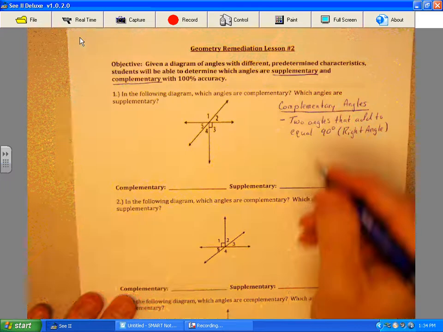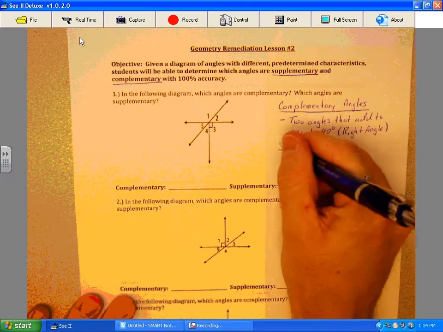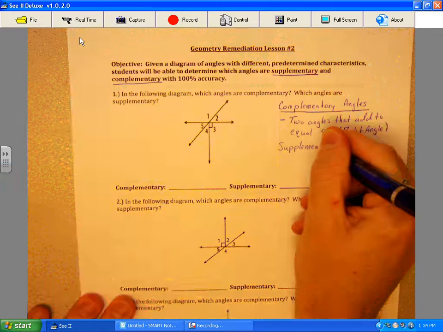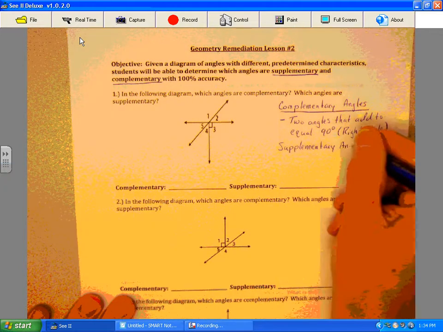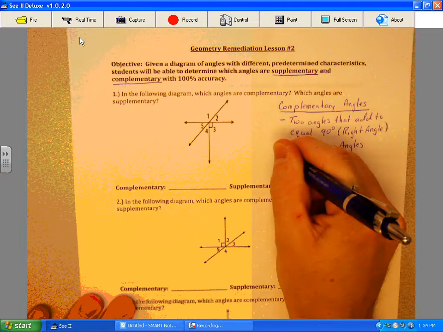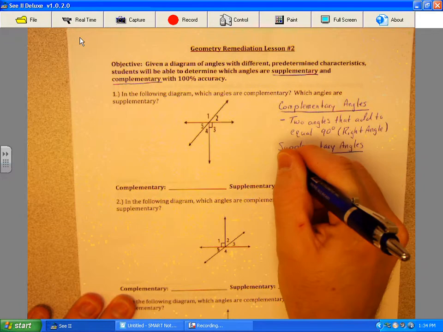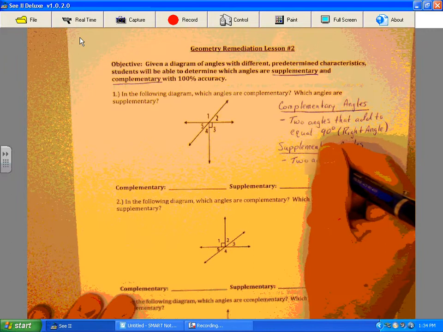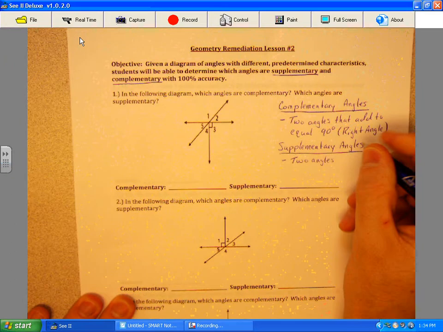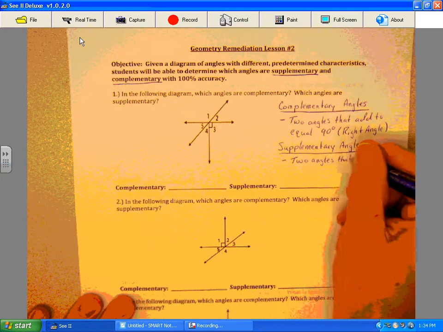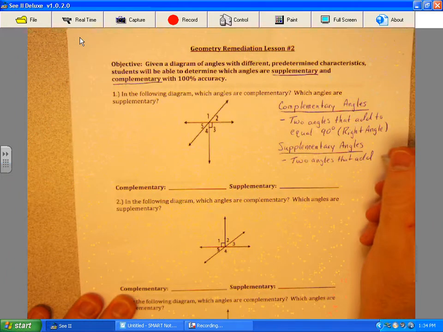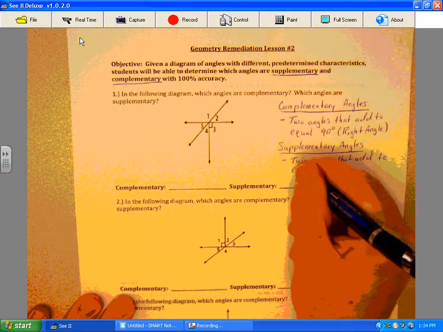Okay, supplementary angles. These are two angles that add to equal 180 degrees.